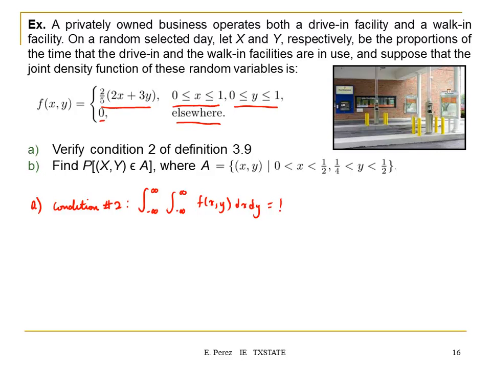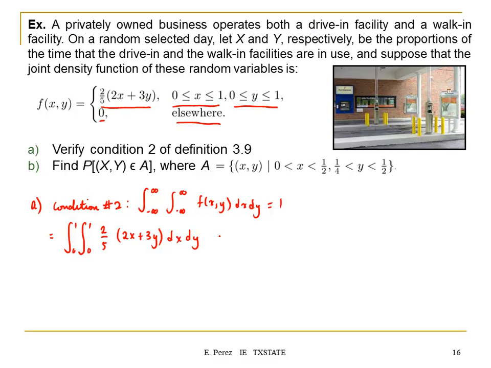Okay, so now let's try to describe those limits. If you look at the limits for x, how would you define the limits for x? 0 and 1, that's correct. So 0 and 1, and then you have 0 and 1 for y as well. So our joint density function is 2/5 times (2x plus 3y), and we're going to integrate with respect to x and with respect to y.